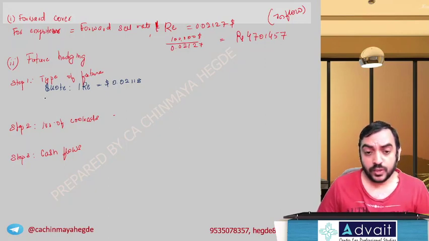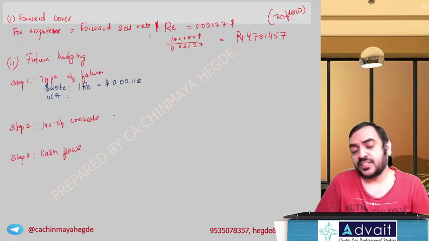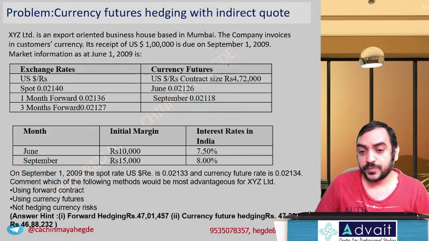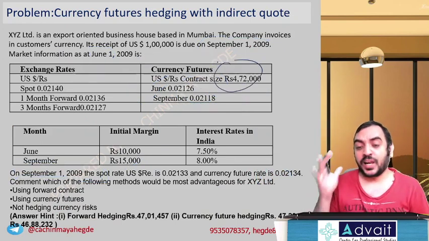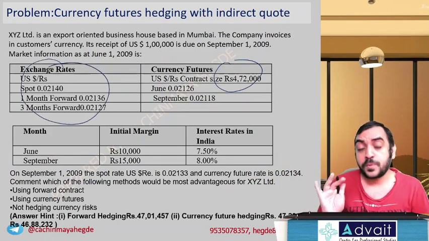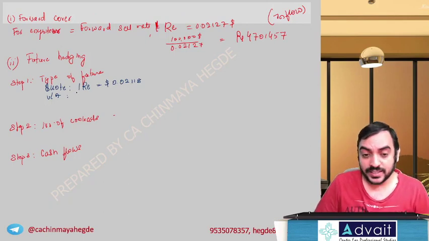Then what is the underlying asset going to be? You can again think like the options. You can say left hand side in the quotation, or you can look at the lot size. What is the lot size? Rupees 4,72,000. Please observe, forwards have no lot size, but in options and futures there will be a lot size. 4,72,000. So what is going to be the underlying asset? The underlying asset is rupees, INR.